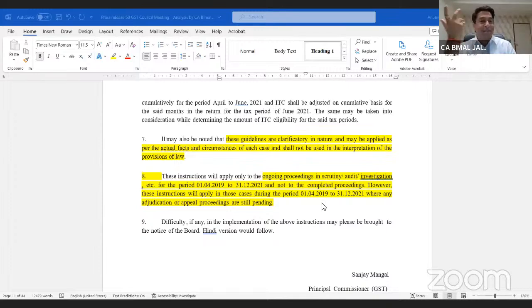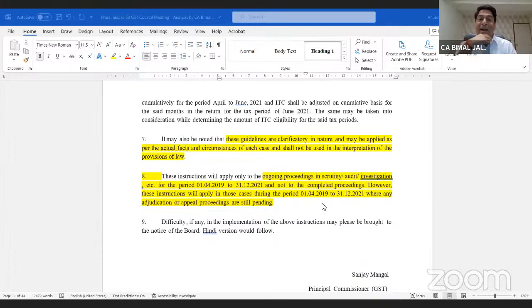To my mind, 2A is not a condition under section 16, subsection 2. So my credit is not dependent on 2A. Second, even the Honorable Supreme Court in the case of Bharti Airtel has clearly said that 2A is only a facilitation.